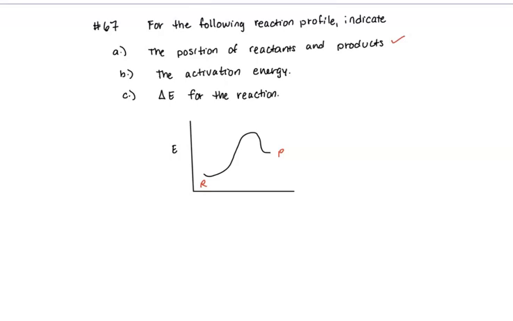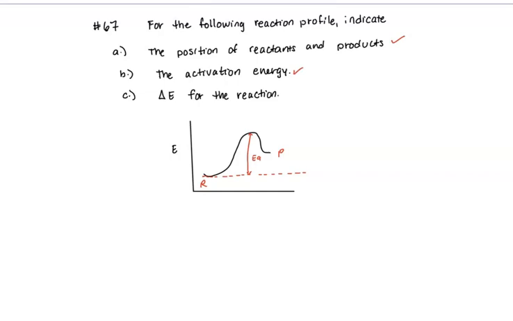So if we were to then take the line for the reactants and make somewhat of a straight line here, we can then see that the activation energy would start right there and end right here. So our E of A, so activation energy, is going to be within this area. All right, so we got that part of the question done.